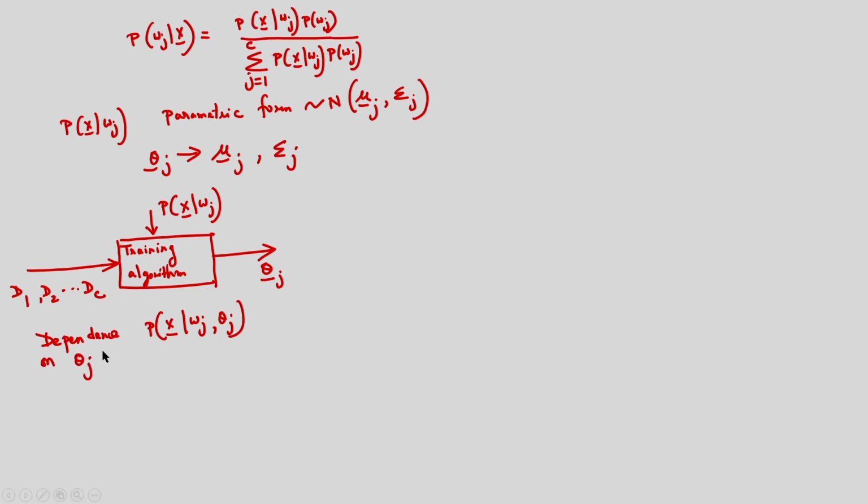That is, I am considering the class conditional density and showing the dependence on theta j. So, the problem is to determine unknown parameter vectors.